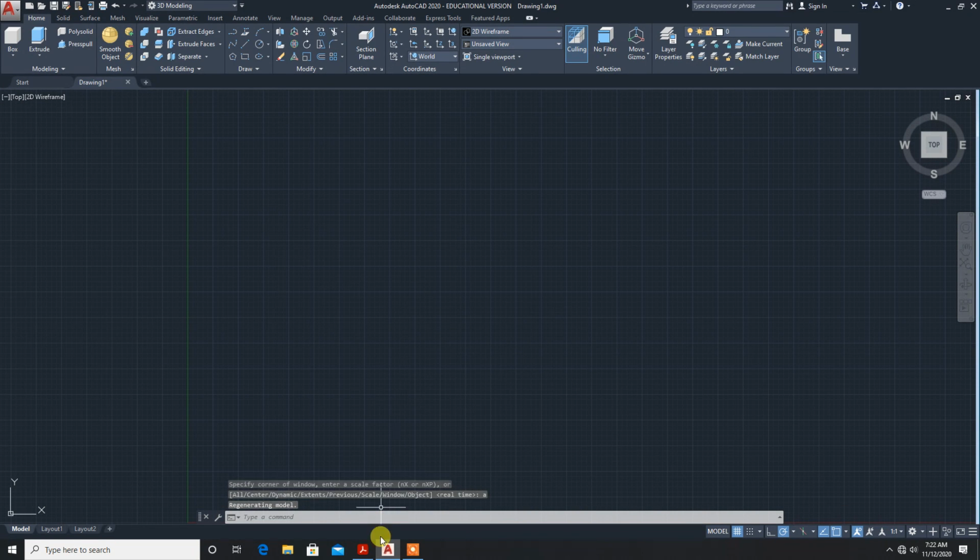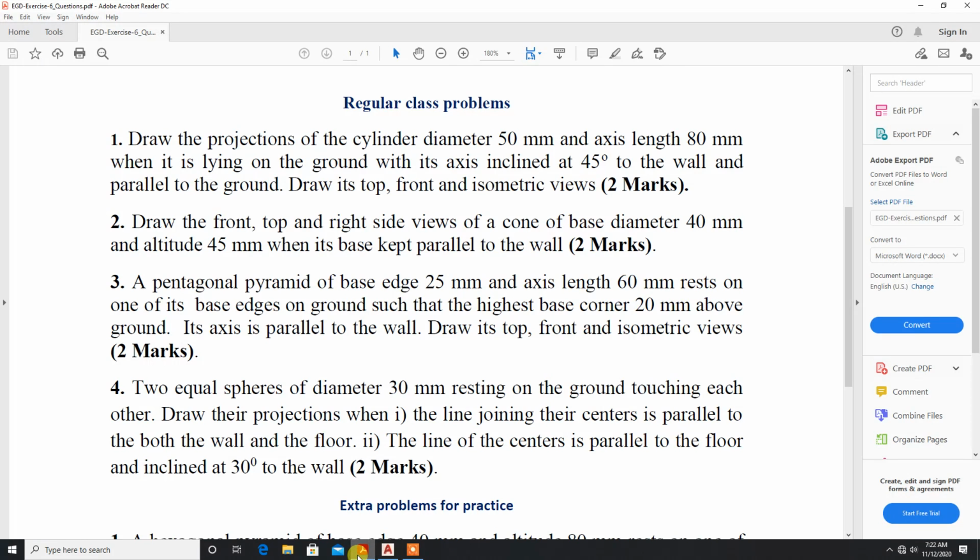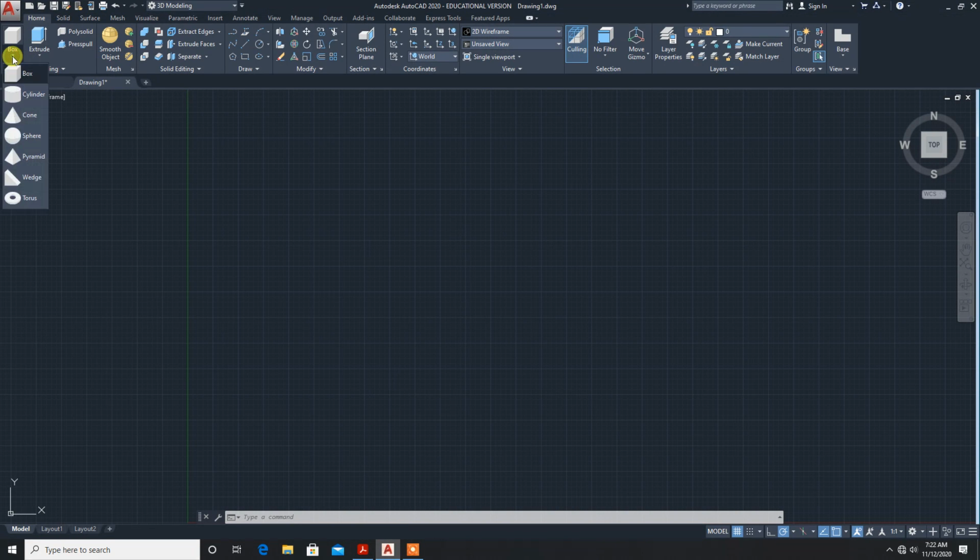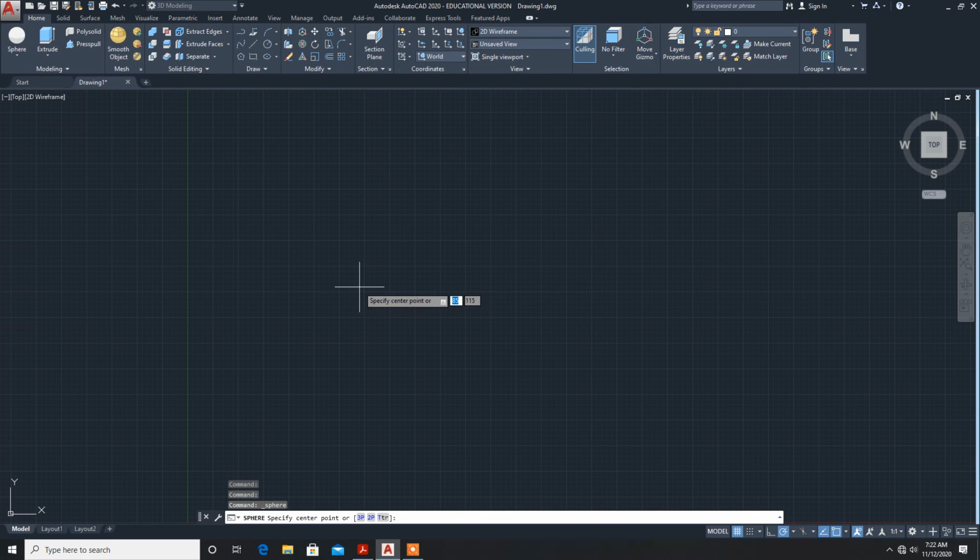Now sphere of diameter 30. So sphere, center point.